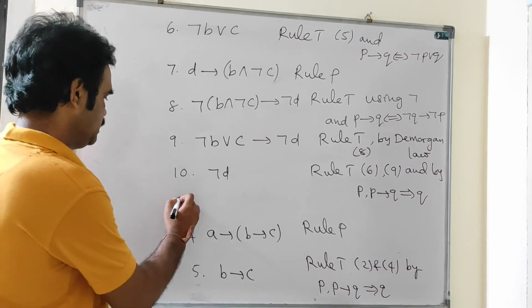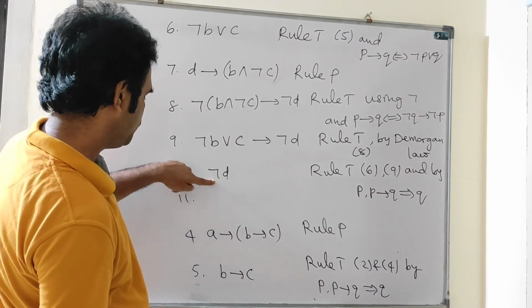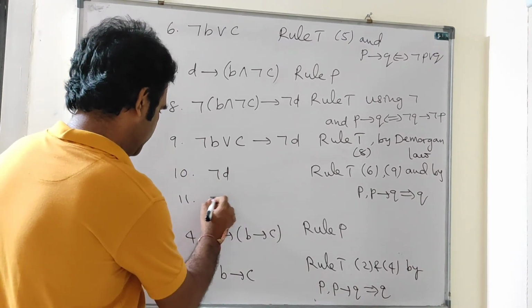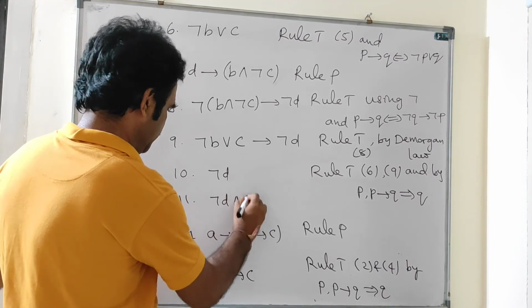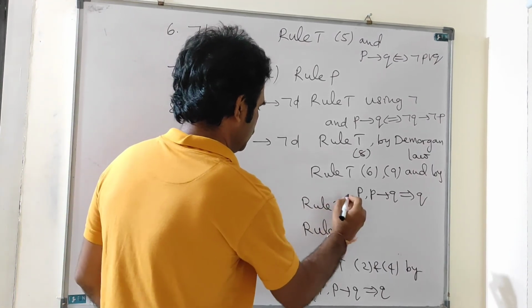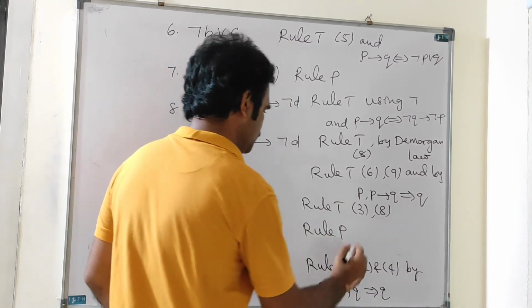Okay. See the next step. Negation D is in 10th step and we have D in 3rd step. Okay. That's why you get negation D and D, or D and negation D. This is rule T using 3 and 10.